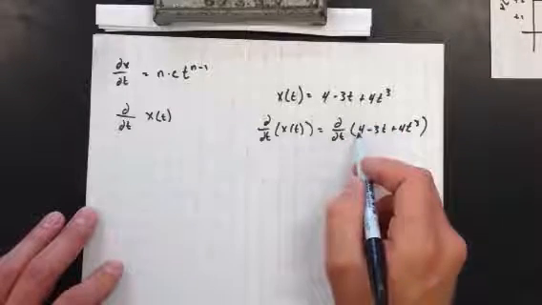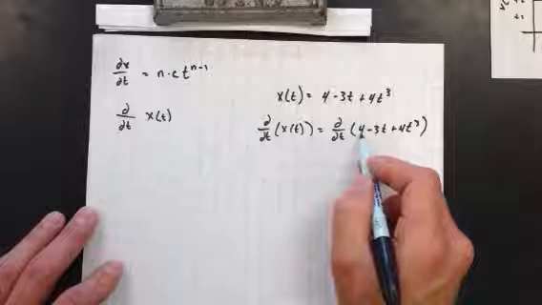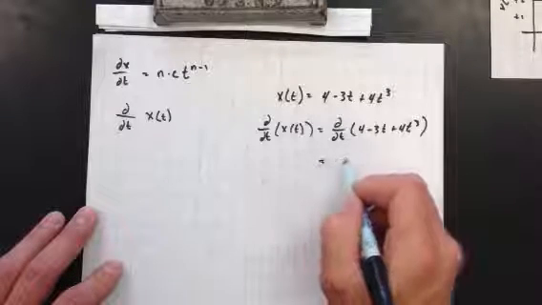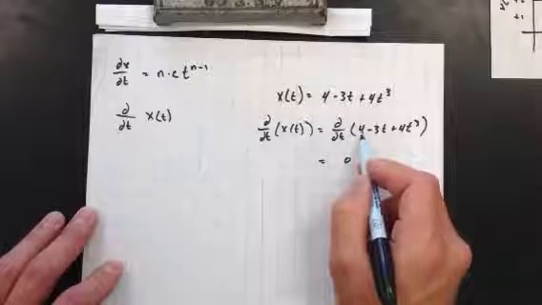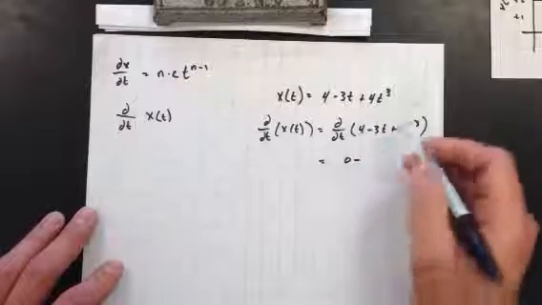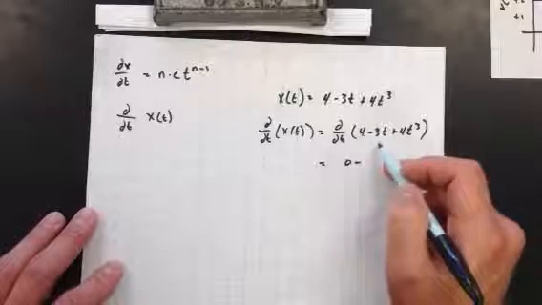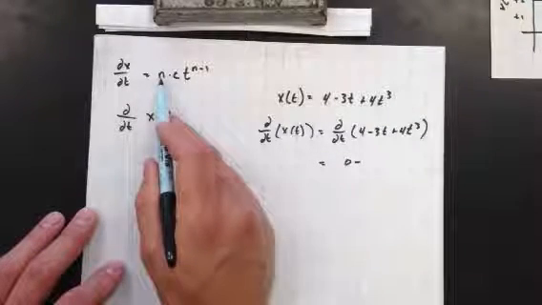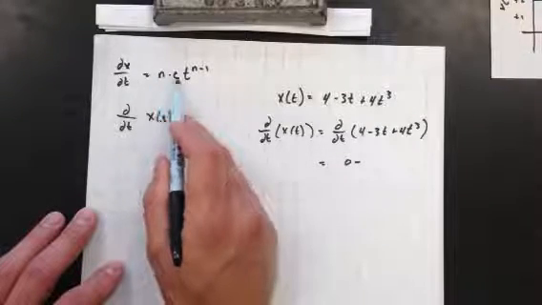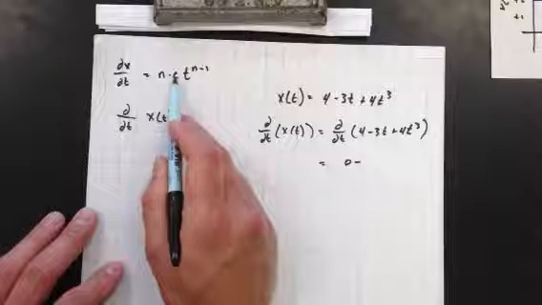So the derivative with respect to time for a constant is 0. So this one, the derivative of 4 is 0. Okay? Now the derivative of negative 3t is, the negative stays there. We can see here that negative 3 is our constant, so we write that down.